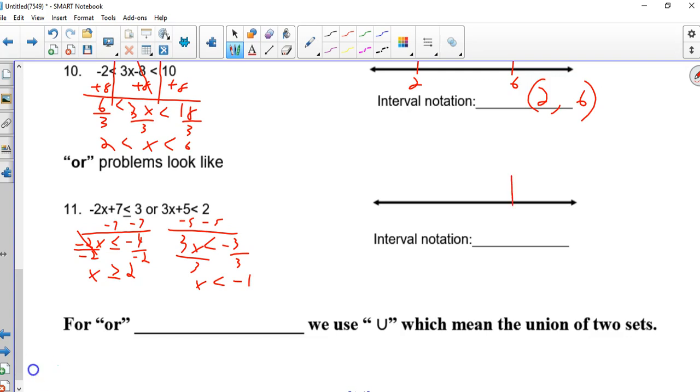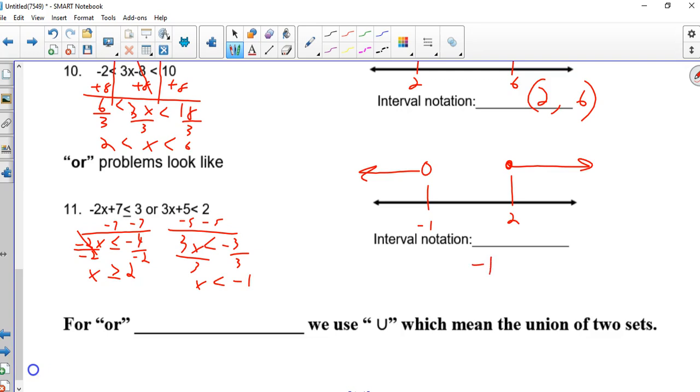So, we have the number 2, and it's greater than or equal. And we have the number negative 1, and it's less than. That will look like that. So x is greater than or equal to 2, or less than negative 1. Now, how do we do that? We just do 2 separate notations. I'm going to write it below, just a little bit more space.